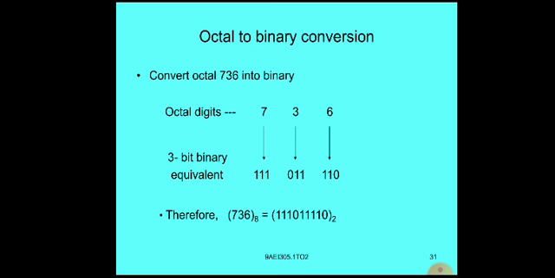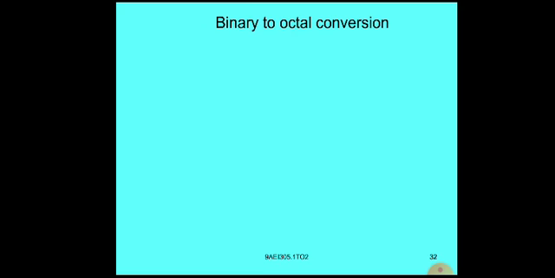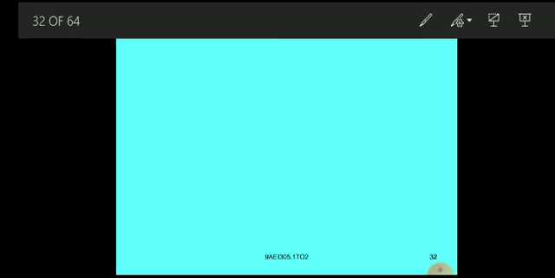Now let us take binary to octal conversion. Binary is base 2 and octal is base 8, that means 2 power 3.